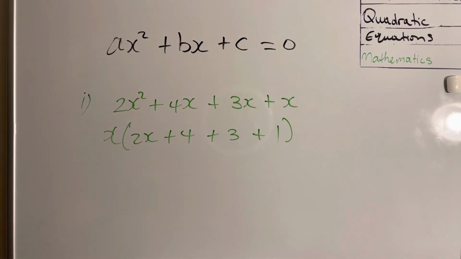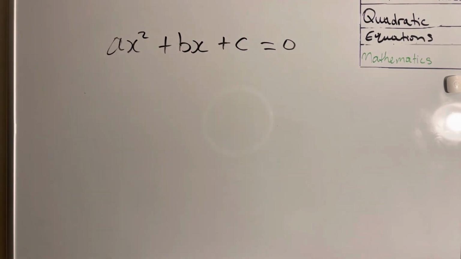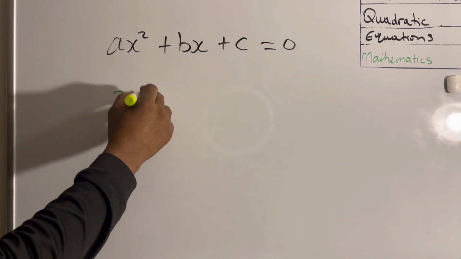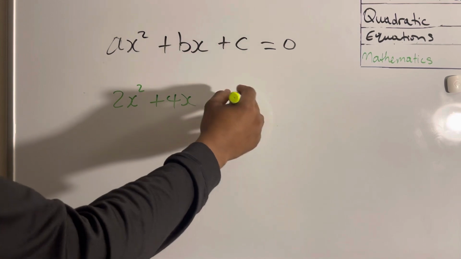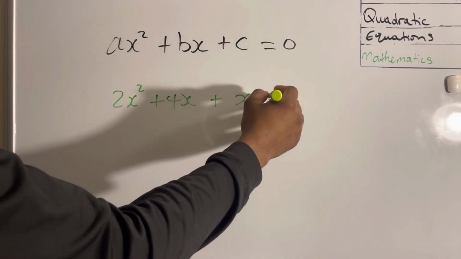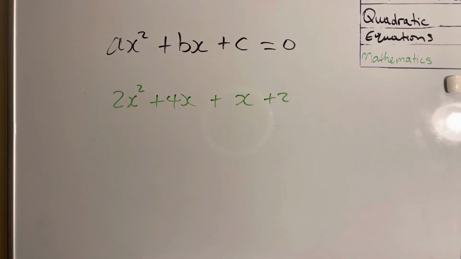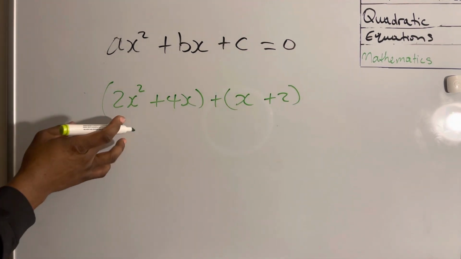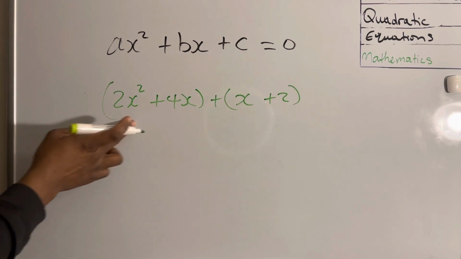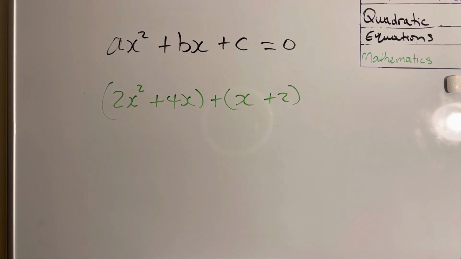Now, take for example, you have 2x squared plus 4x plus x plus 2, and you were to factorize these. What you can do is factorization by grouping. Factor out the common term to each group.